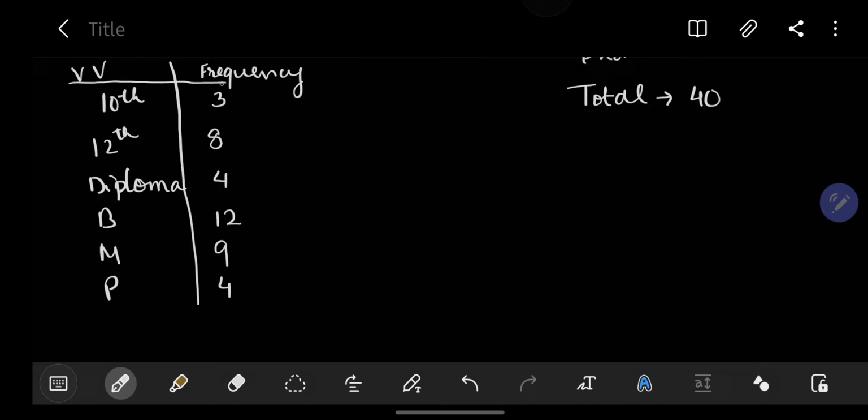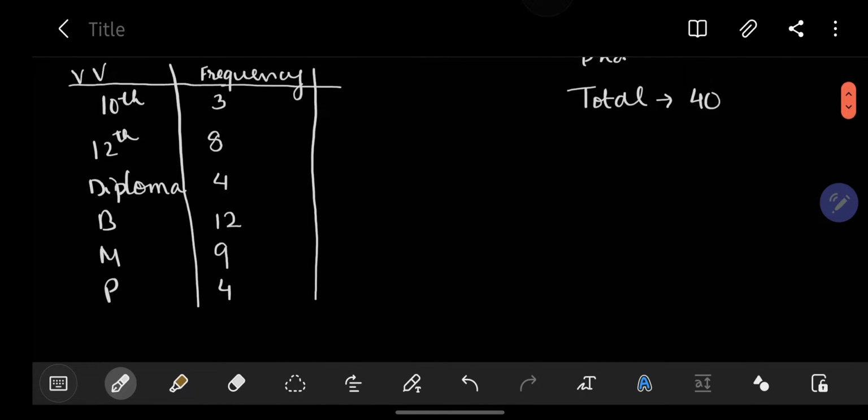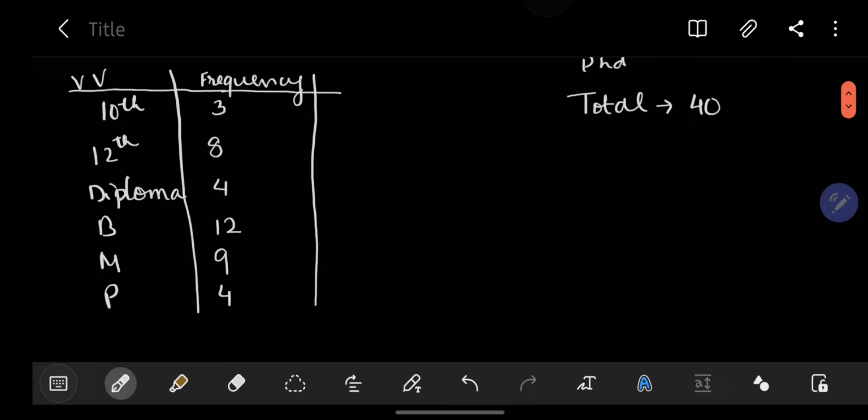Now we obtained the frequency, and we already know which scale our data consists of. Now we will find relative frequency. To find relative frequency, we first sum up all these values: 3 plus 8 plus 4 plus 12 plus 9 plus 4.